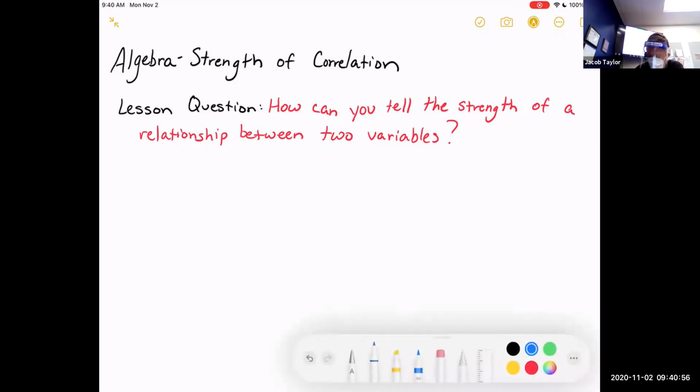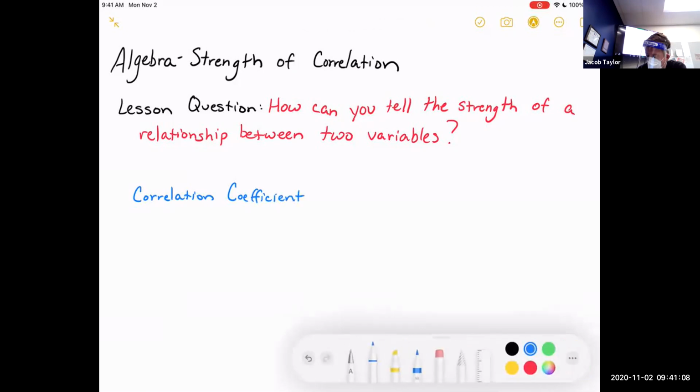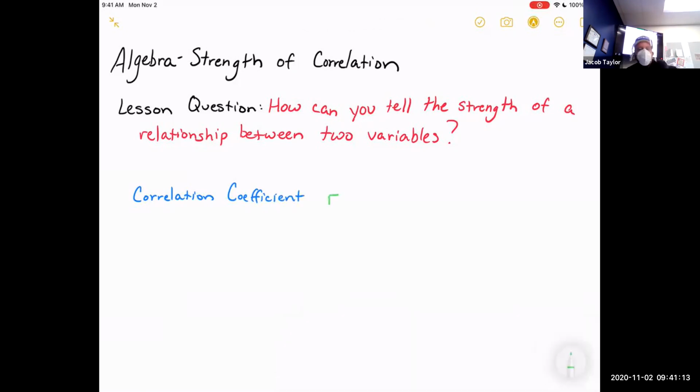And that number we use is called the correlation coefficient. And the variable that we use for the correlation coefficient is a lowercase r. The variable r is the correlation coefficient.